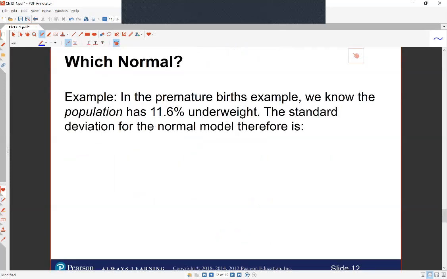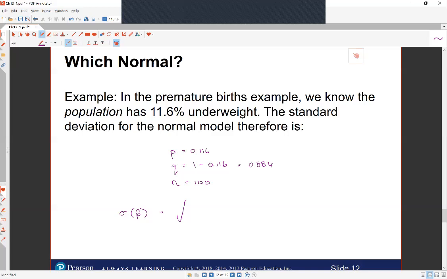So in the specific birth weight example, we know P is equal to 0.116, which means Q is 1 minus that value, which in this specific instance would be 0.884. And finally, N, our sample size, is 100. So we know what the standard deviation of the sample proportion is.